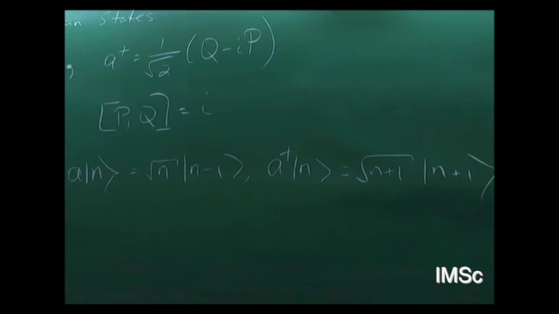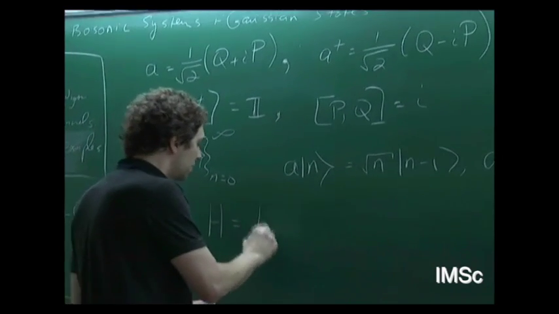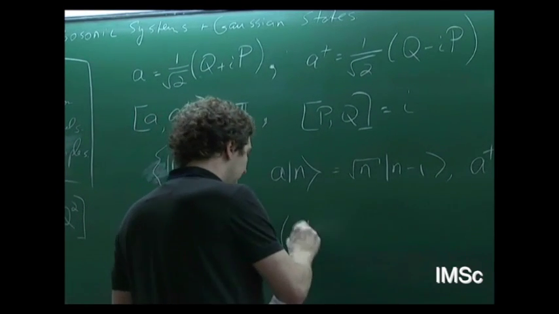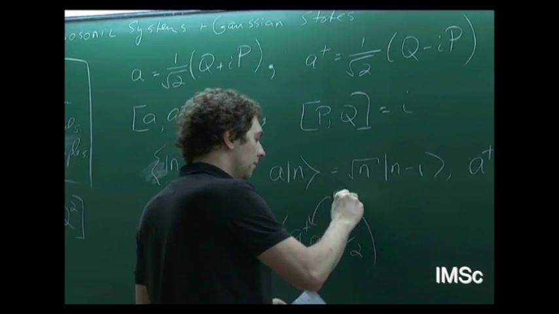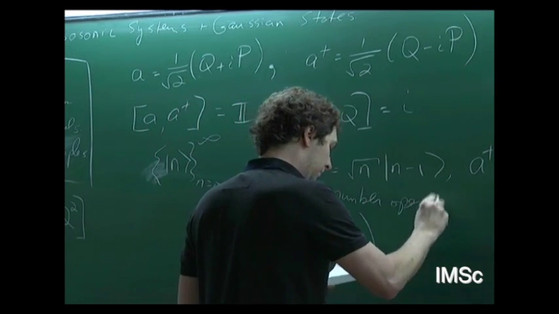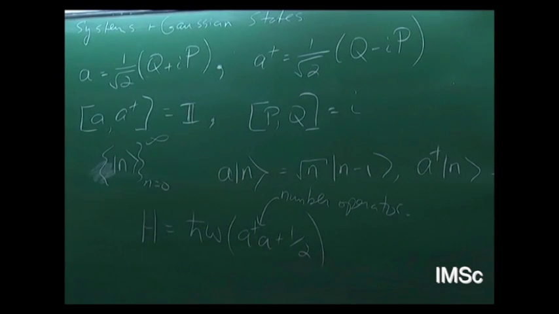Okay, and one way that we can rephrase this Hamiltonian over here is the Hamiltonian is just equal to h bar omega times a dagger a plus a half, and you recognize this as the number operator. So now, when we're dealing with an infinite dimensional system like that, actually it gets kind of annoying trying to write down the states. So we have to develop some tools to write down the states of a bosonic mode that we don't use in the finite dimensional case.